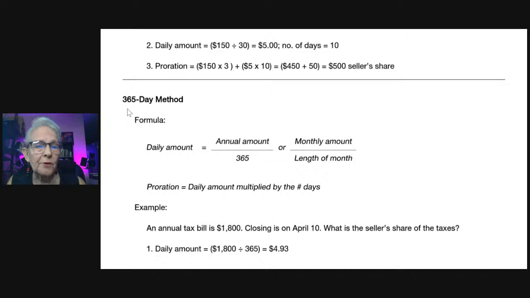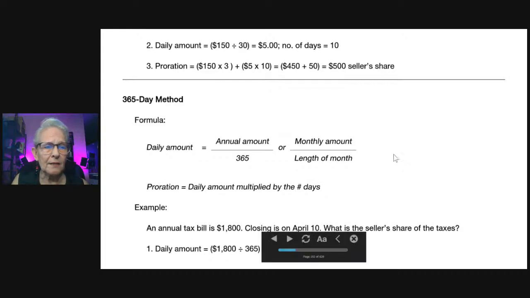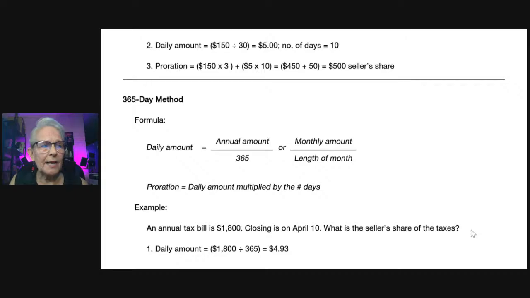So it depends on the state or the title companies, the escrow officers, what method they use for the proration. So the example, an annual tax bill of $1,800. Closing is April 10th. What is the seller's share of the taxes? Daily amount is 1,800 divided by 365, which equals $4.93.